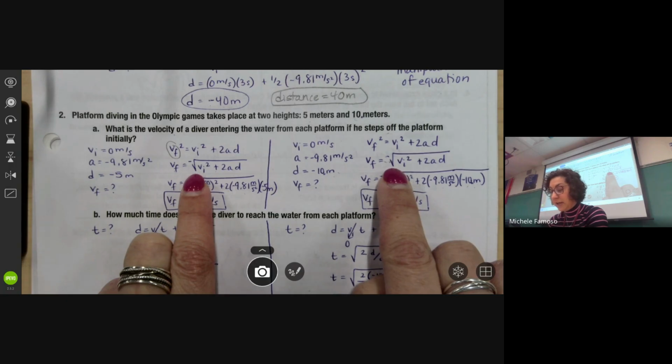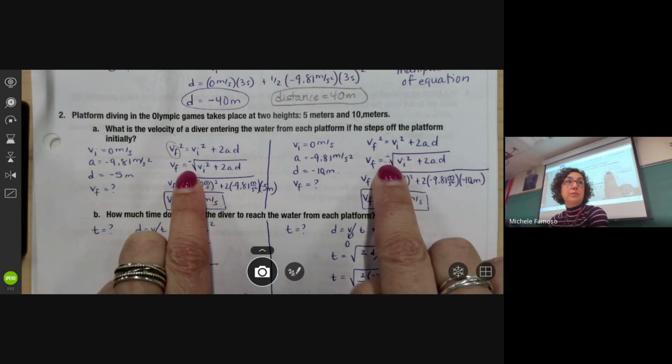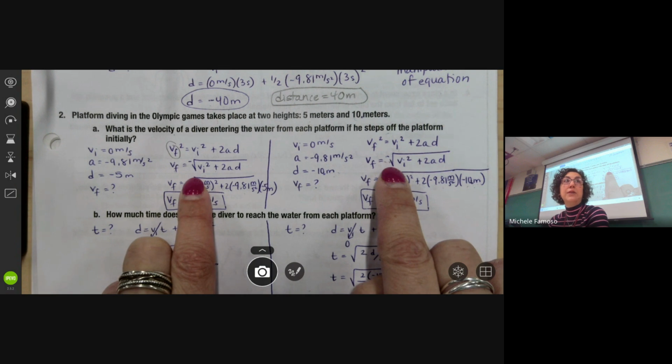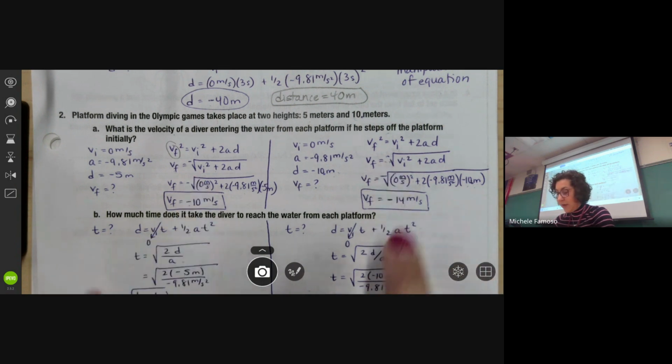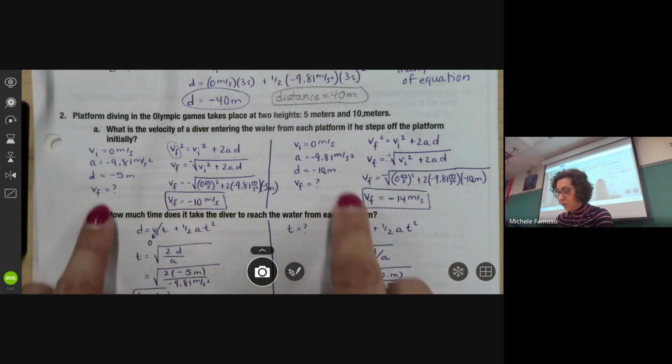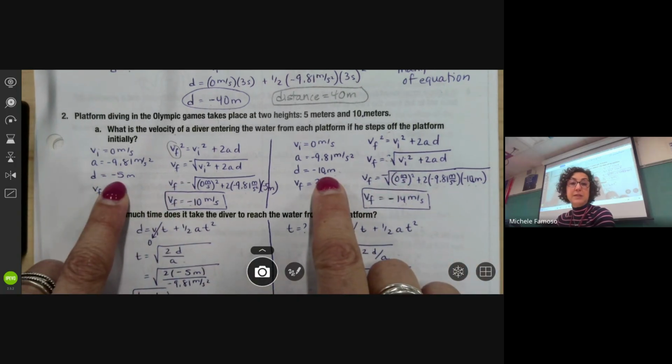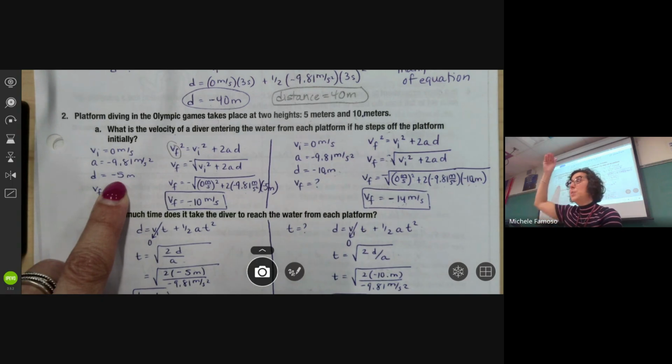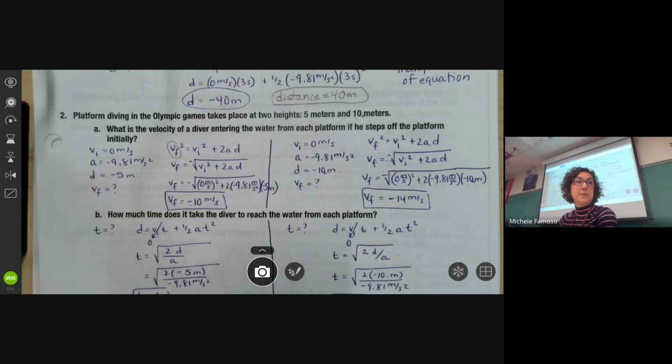And by understanding that the divers are moving downward when they get to the water, that tells you it's got to be the negative root because it's going down. Down is a negative direction. And then that negative answer would follow through for these displacements because they were moving downward. They're displaced. They end up below where they started. So that's a negative displacement. Okay. Anything else you want to ask through page 12?